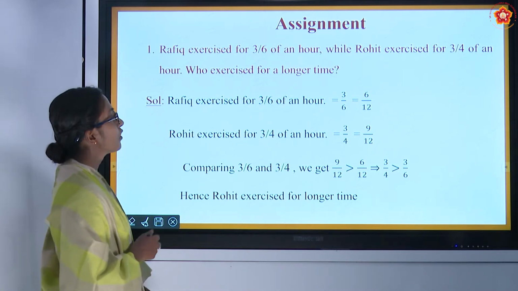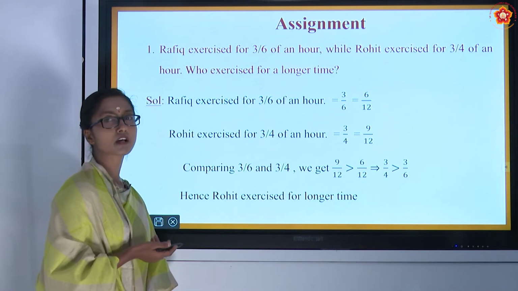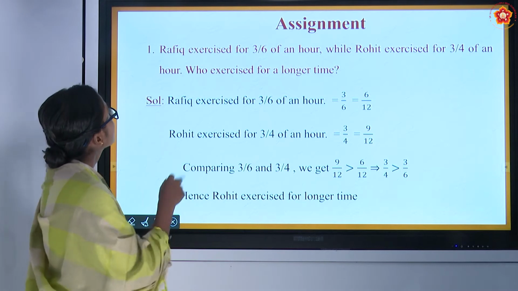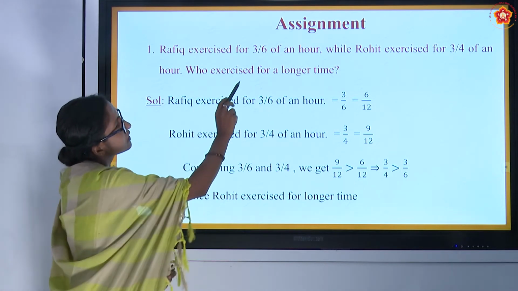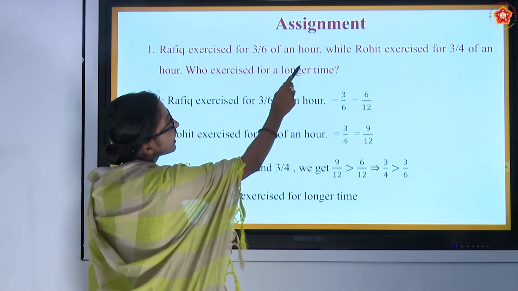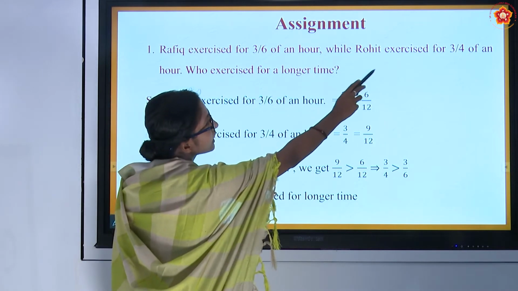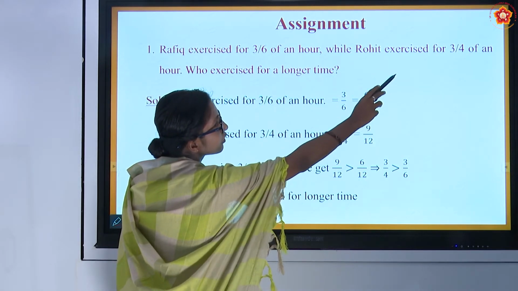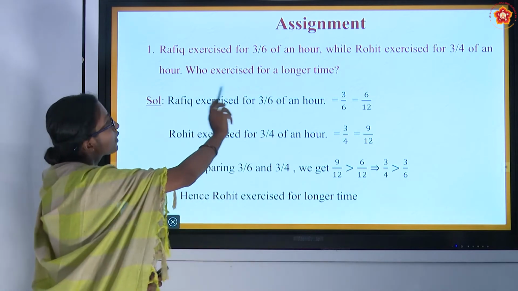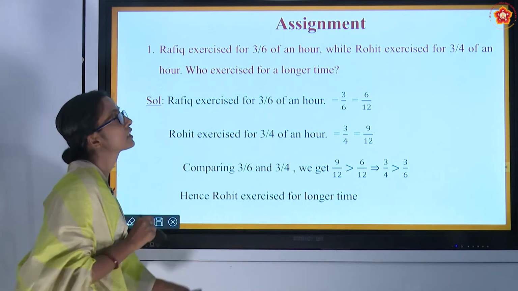So we'll now see the answers for the previous assignment questions. Rafiq exercised for 3 by 6 of an hour while Rohit exercised for 3 by 4 of an hour. Who exercised for a longer time?